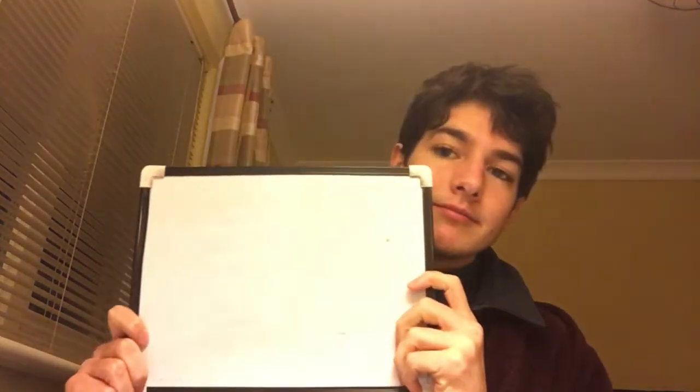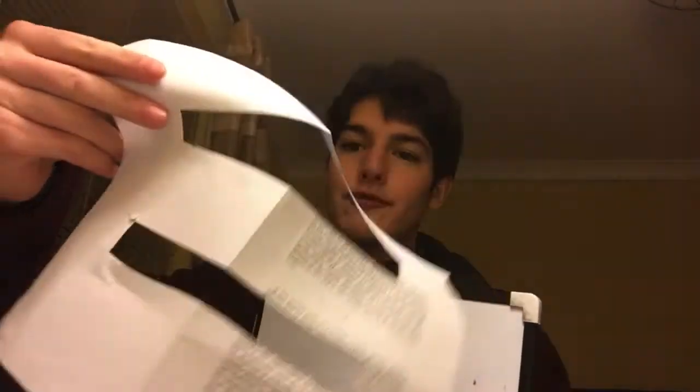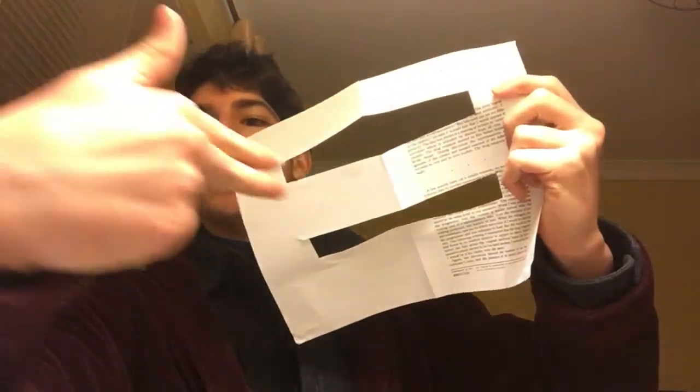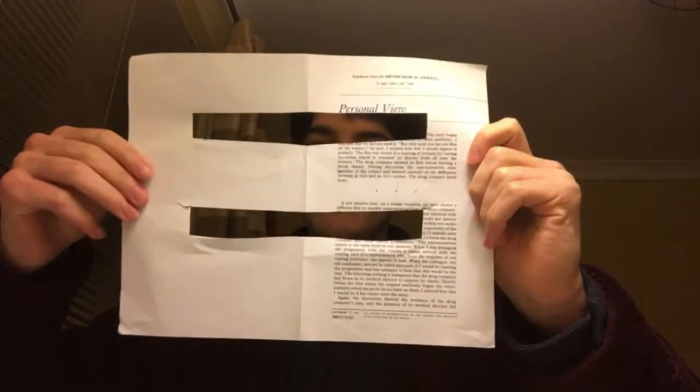Now, in this experiment, you have a back screen, and you have a front screen. And the front screen has, as you can see, two slits through it. Imagine a gun of just bullets or something, and I fire the gun, bang, bang, bang, bang, bang, and the bullets go through these slits and are going to form a pattern on my back screen, like this.